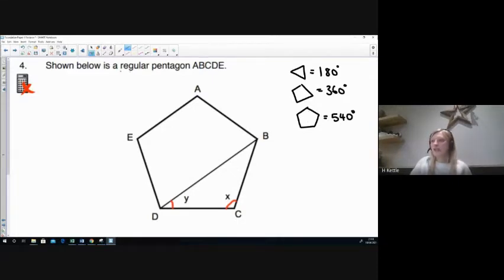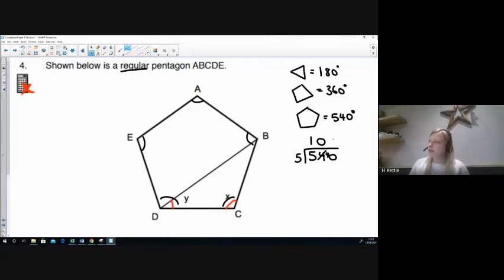Now, this is a regular pentagon, which means all of the angles are the same. So I've got 1, 2, 3, 4, 5 angles here in my pentagon, and they're regular, so they're all the same. So I'm going to do 540 divided by 5. 5 into 5 goes once. 5 into 4 does not go, so we need to put that 0 in there, and we carry the 4 over.